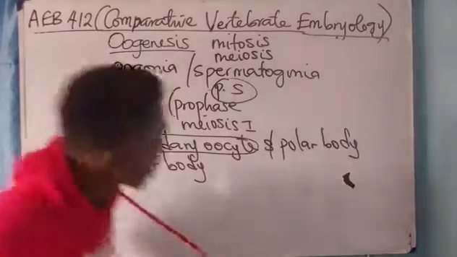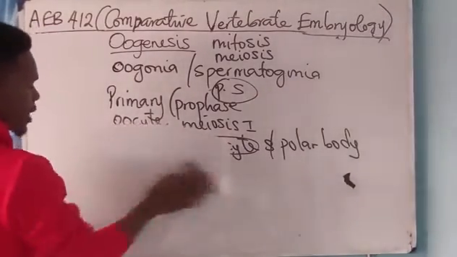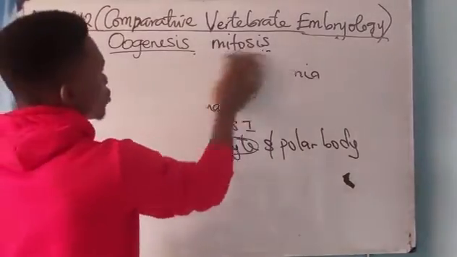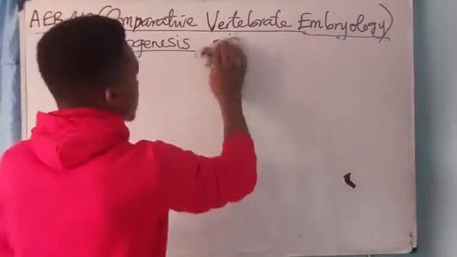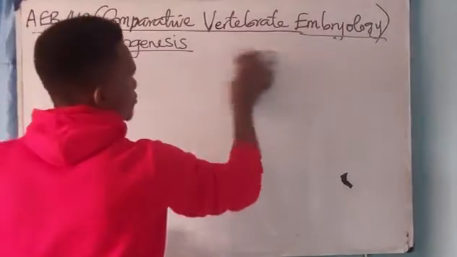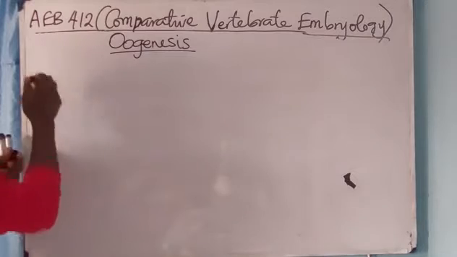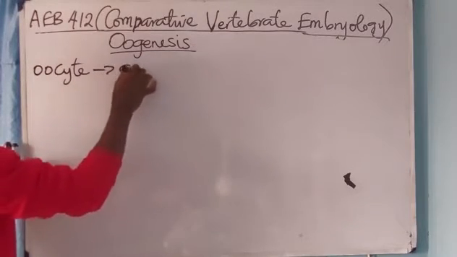Before the oogonia develop into the primary oocyte, they must undergo proliferation. The word proliferation means the ability for something to increase or multiply. Now, the oocyte produced will begin to grow.